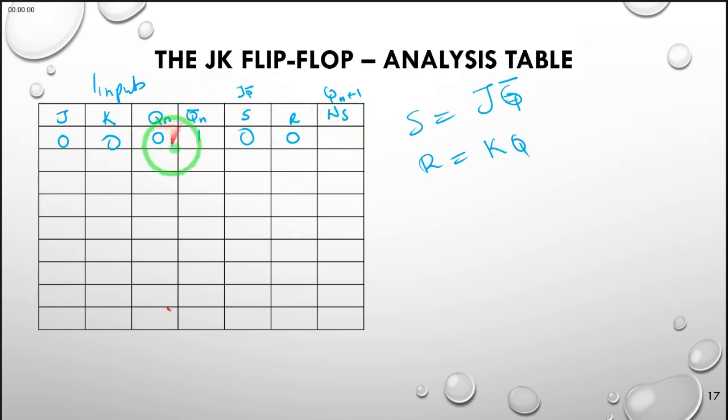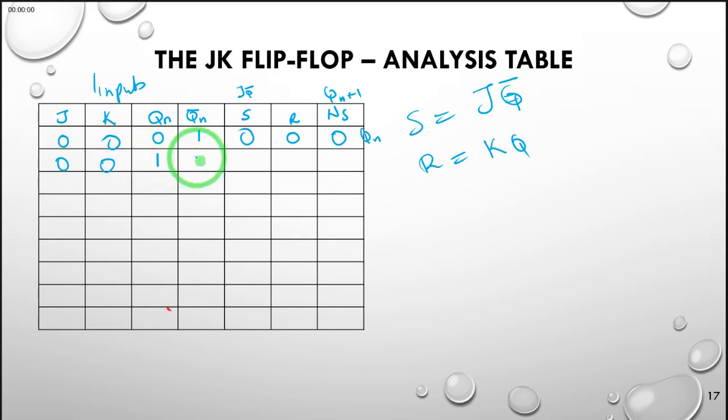Since the next state is determined by the inputs of SR, the next state will remain what it was, which was 0. Therefore the next state will be 0, which we call Qn. Then we consider the other possibility, where J is still 0 and K is 0, but the present state was 1.